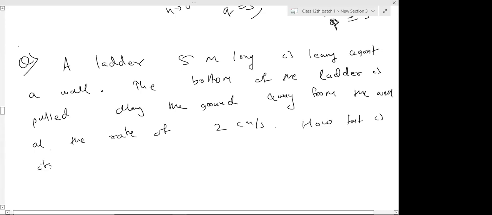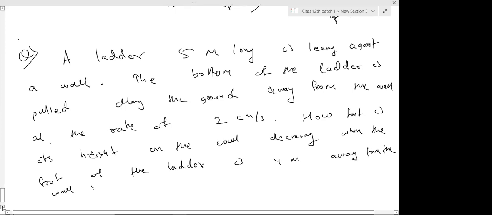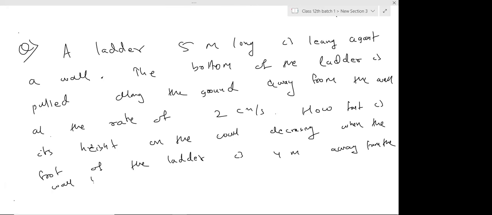How fast is its height on the wall decreasing when the foot of the ladder is 4 meters away from the wall? Note down this question. Tell me when you have done. You can tell me by raising your hands.